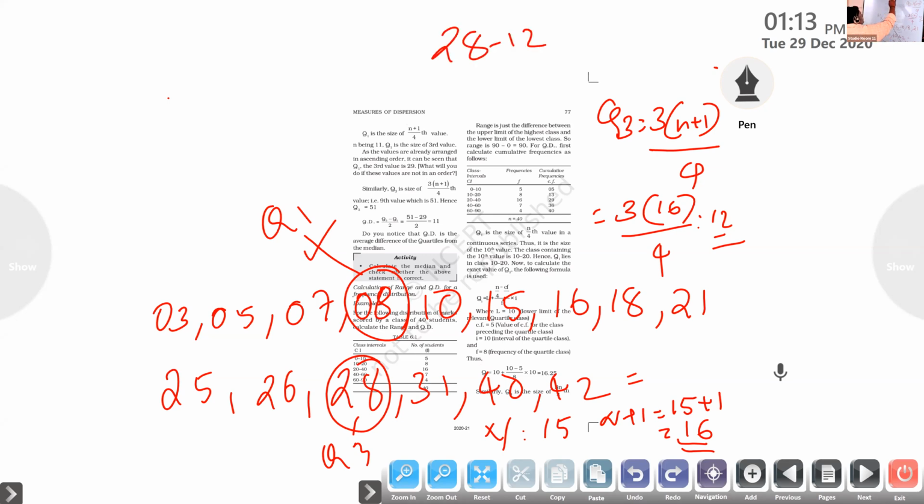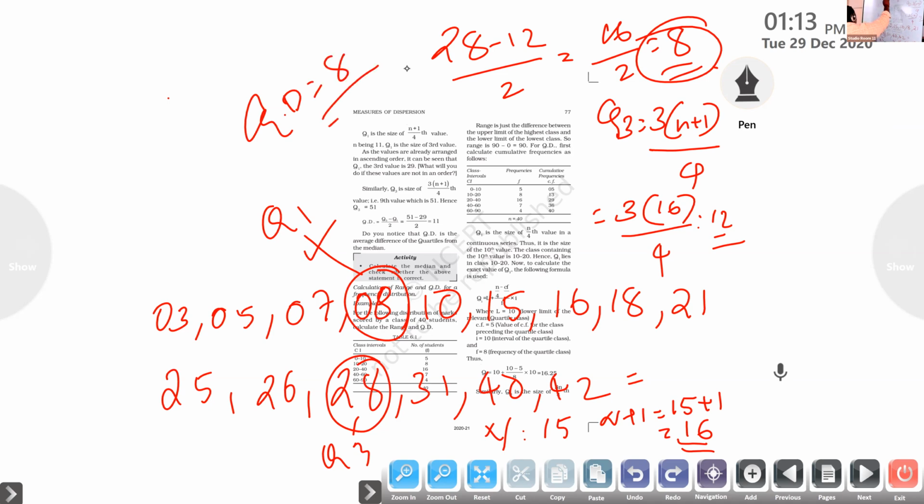What is the answer? 8 is the answer here. So 16 divided by 2, 8. So QD is equal to 8. Clear?